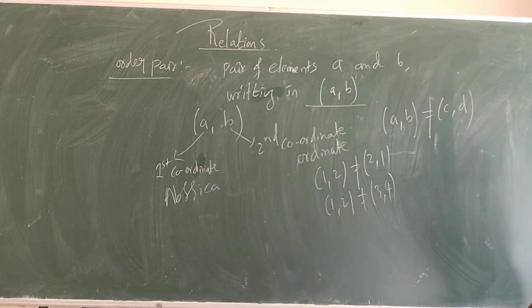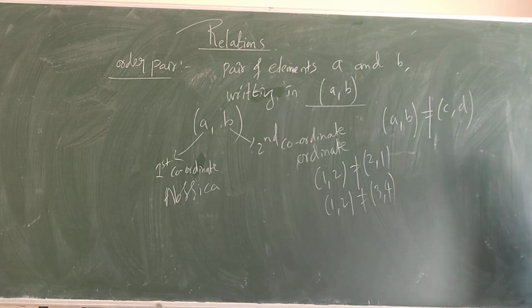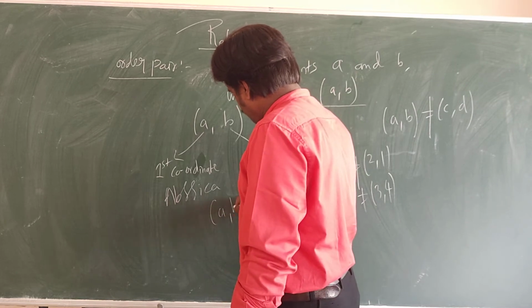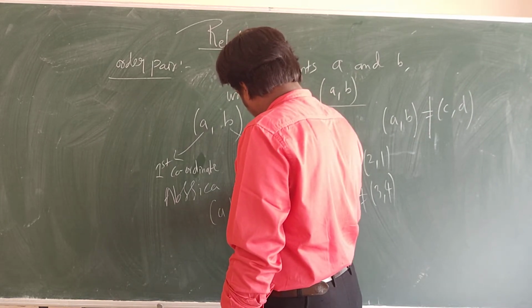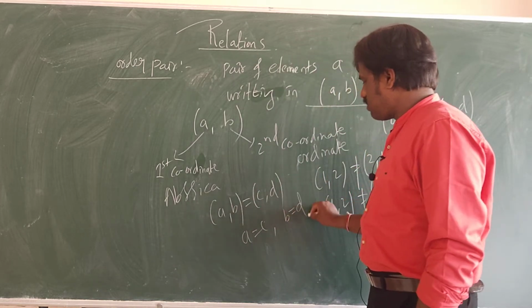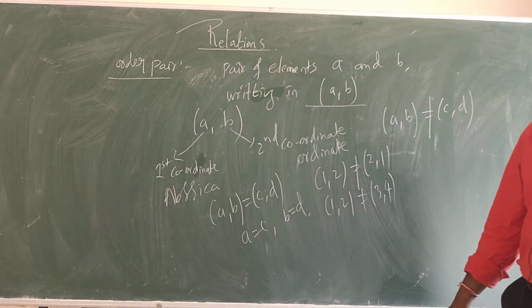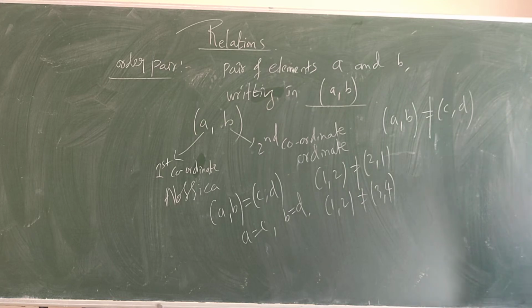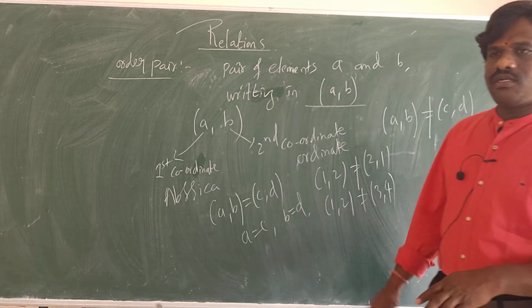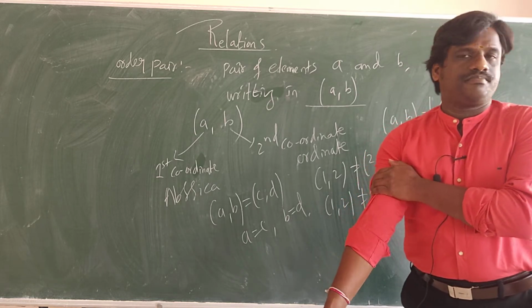These are not equal. A comma B will be equal to C comma D only if A is equal to C and B is equal to D. Understood? This is about ordered pairs.